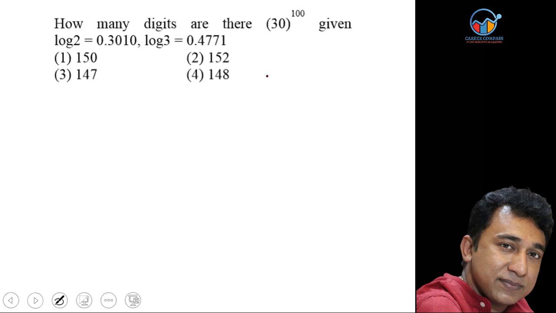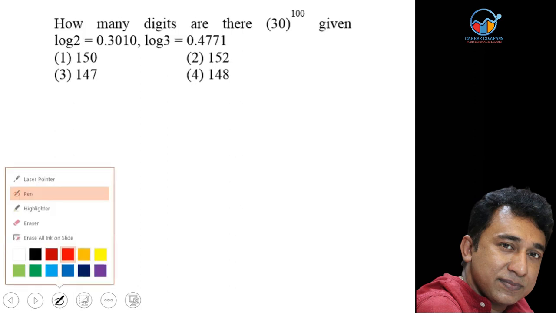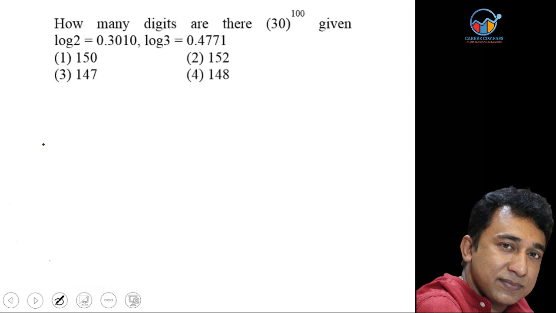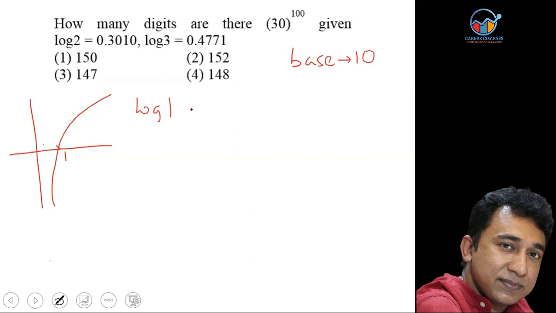All right, guys. So let me explain the concept here. I'll try to explain graphically and then numerically. Understand, the graph of logarithm looks like this. Of course, if they don't mention anything, you should take the base as 10. So we know log of 1 is 0.